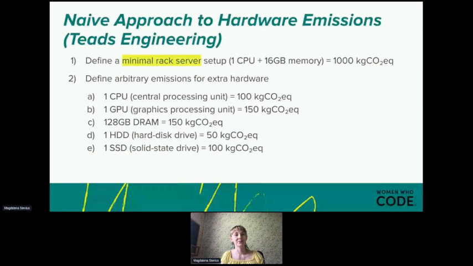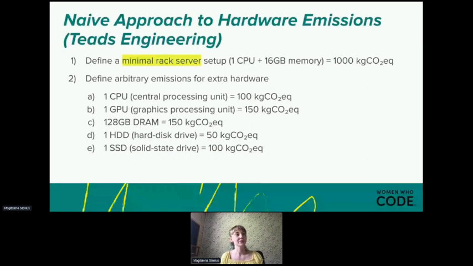Again, let's look into the Teads Engineering dataset to see how they were calculating the hardware emissions in their dataset. Teads Engineering had, so to speak, a naive approach to building the dataset.